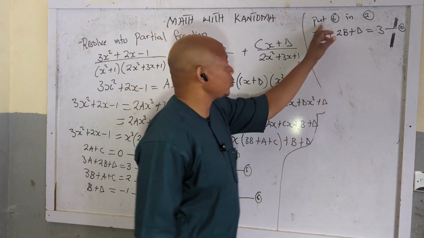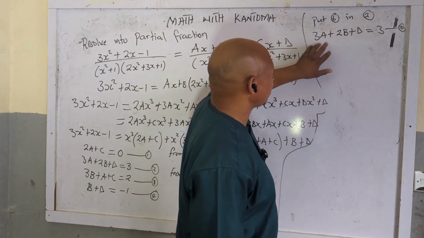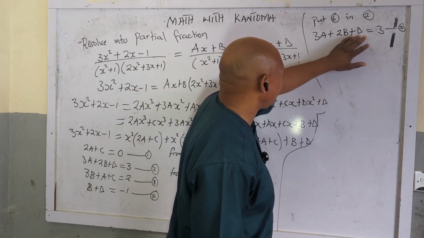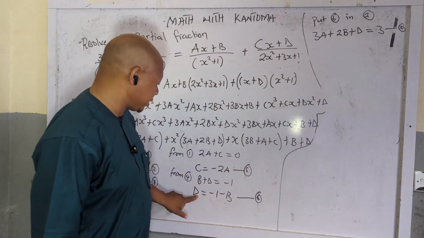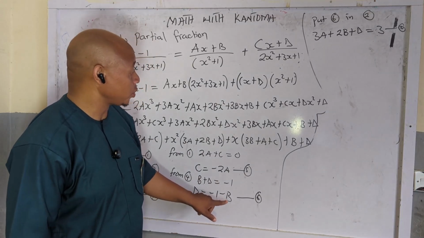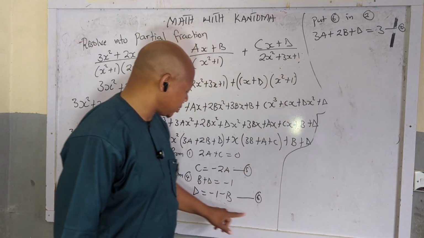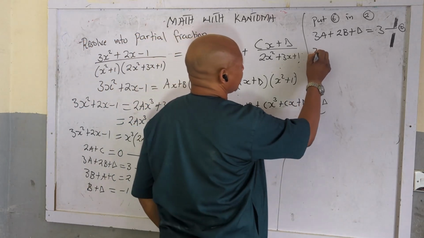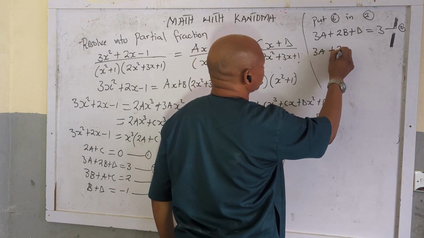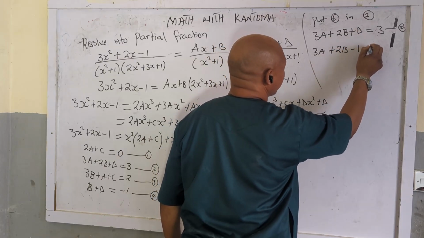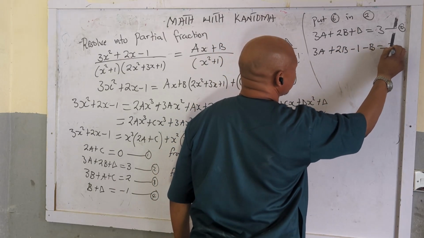So from here we said put equation 6 in equation 2, and equation 2 is given by this, and we are substituting the value of d, which is equation 6. So d is minus 1 minus b. So wherever we see d, we substitute it by minus 1 minus b. So now on substitution, we have 3a plus 2b minus 1, instead of d, we have minus 1 minus b is equal to 3.